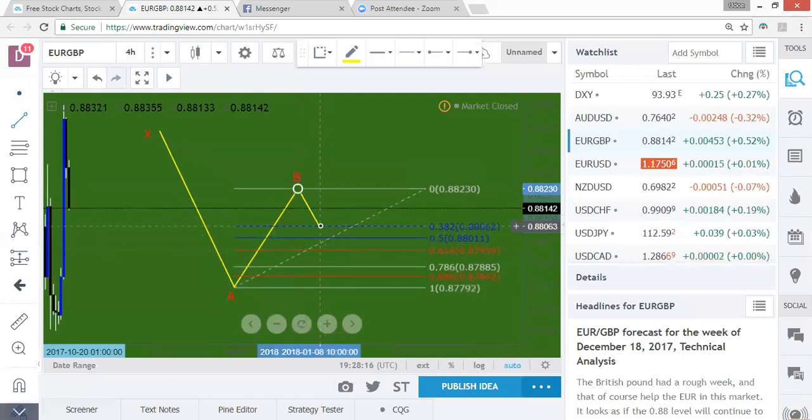If it hits the 382, it's probably taking off to go up there and make a butterfly, but okay, it can't hit the 50%. We have to at least hit the 618. But as long as we don't blow past A and close above A, we can even hit A, form a double bottom, and it's still a valid Gartley. But in the perfect world, on this Gartley pullback our BC move hits the 618, boom. We label it C.